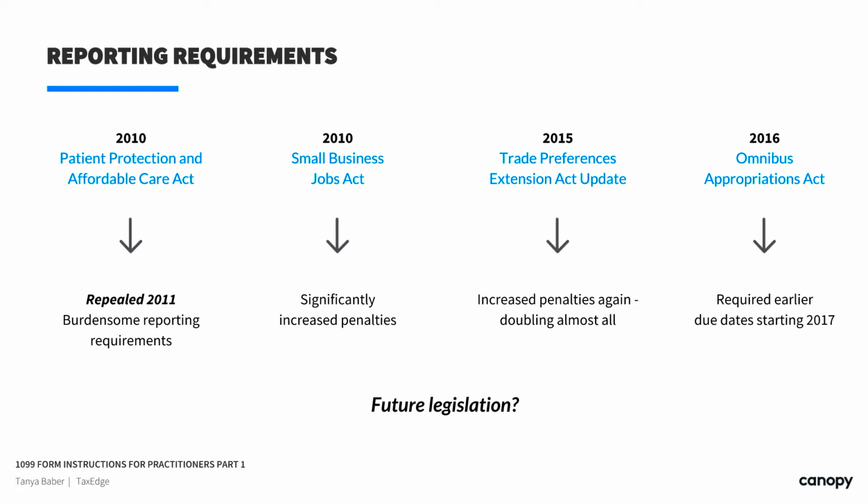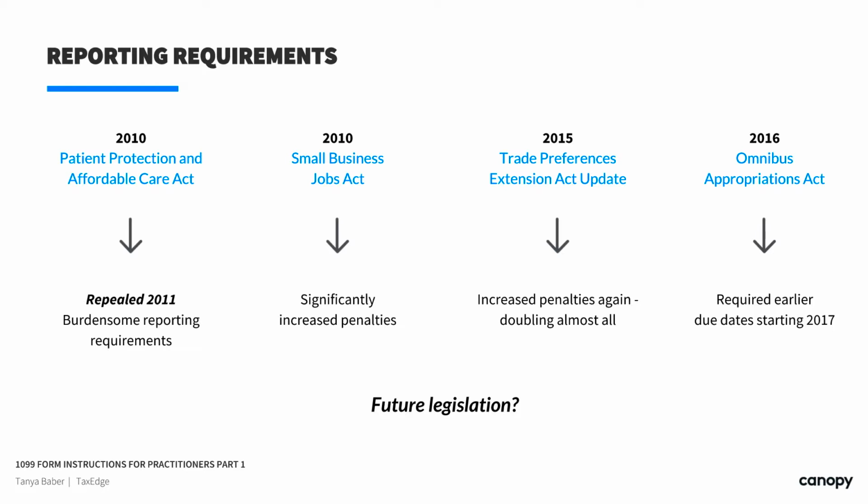It was so burdensome that the IRS itself was going, hey, we don't have the staffing, we can't handle this. All the different business advocates were going, no, we can't handle this. What it was going to require is a 1099 for everything for everybody. So contractors that were buying materials at Lowe's or Home Depot or all these big places were going, we really don't want to have to give a 1099 to them, thank you very much. So they actually repealed those requirements in 2011.